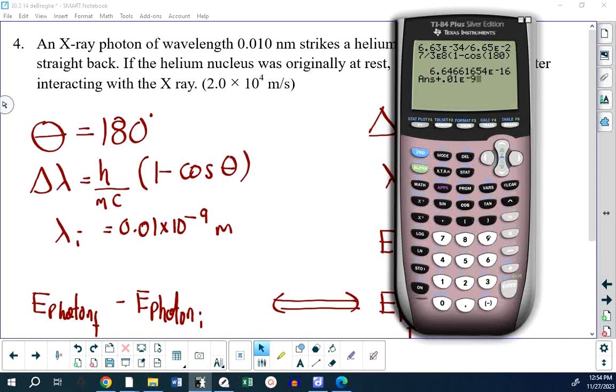I'm going to add that now to the initial wavelength. So if ever there's a question in this course that requires focus and organization and carefulness, it's here, right? So now I'm adding the initial wavelength. This is the final wavelength. So now I need to go hc over lambda of that.